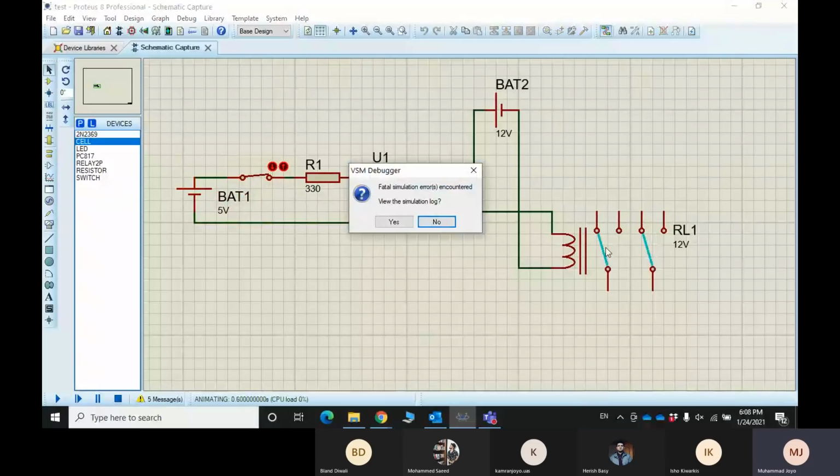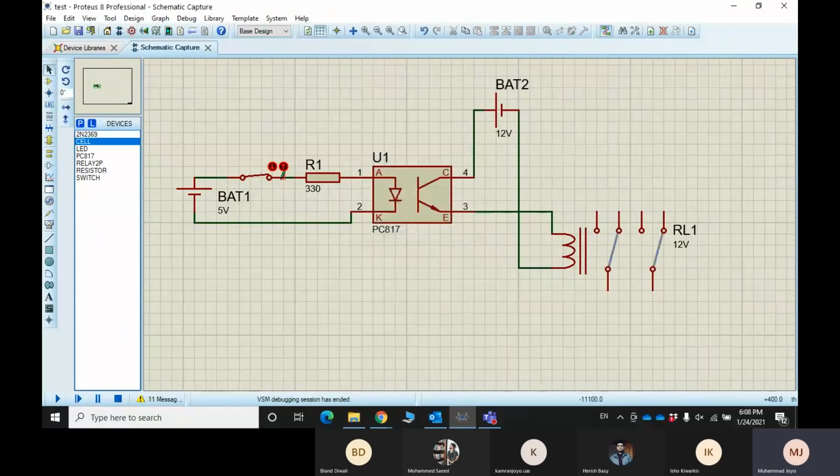Okay, here you can see it did turn on from normally close to normally open, but there is some error with the simulation. We are having some issues over here, so I'm not sure what the issue is.